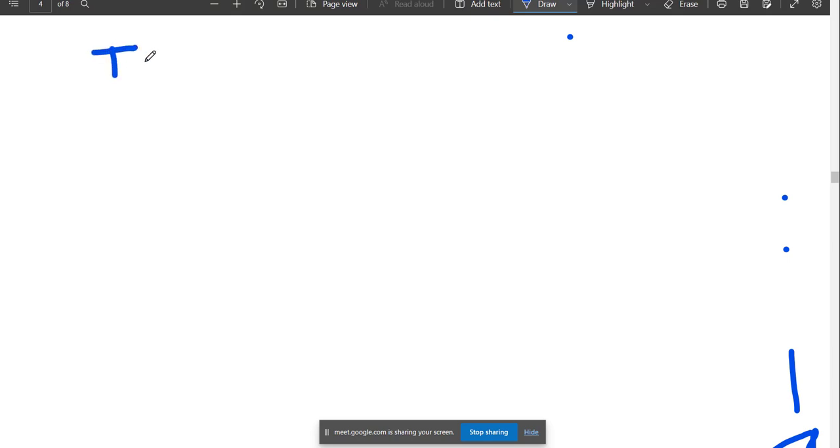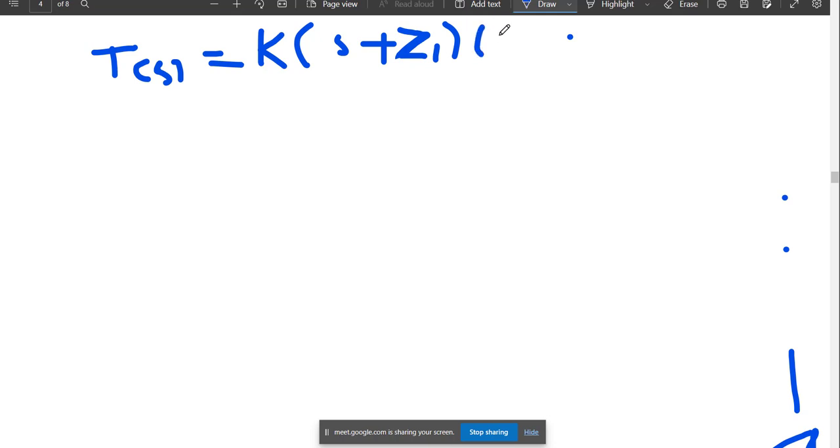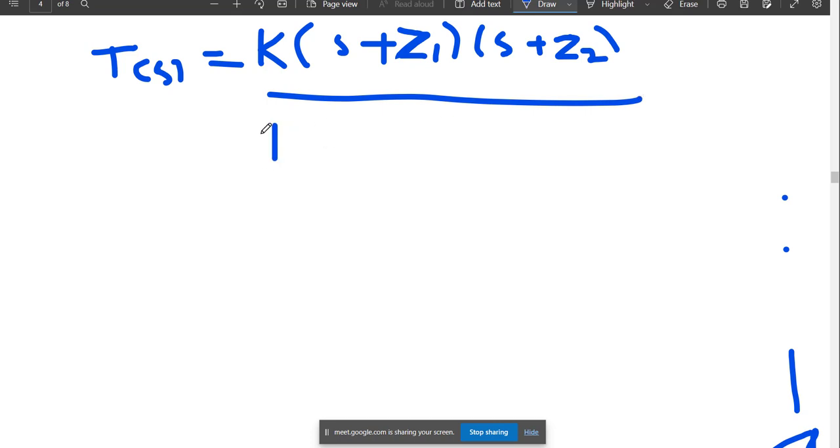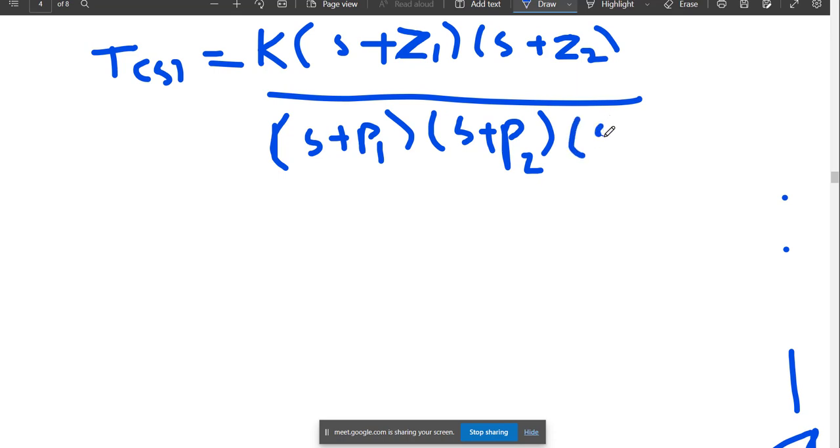Transfer function T of S is equal to K times (S plus Z1), (S plus Z2), divided by (S plus P1), (S plus P2), (S plus P3), right?